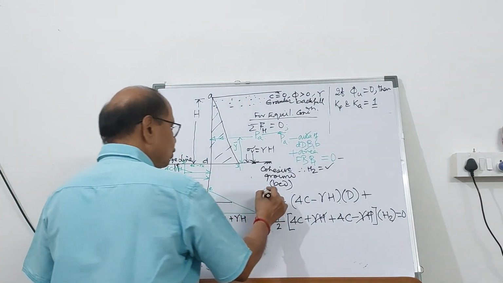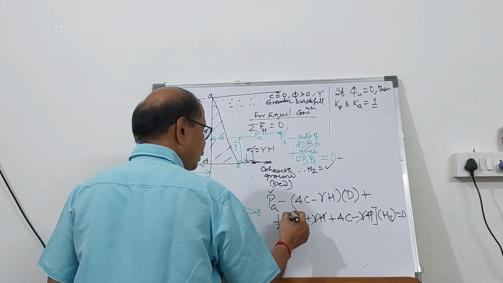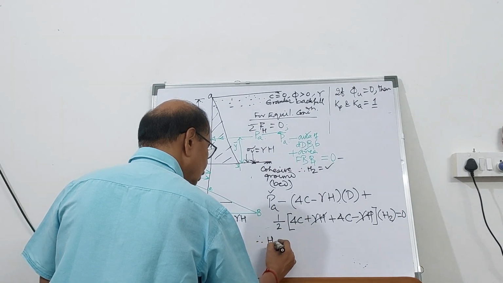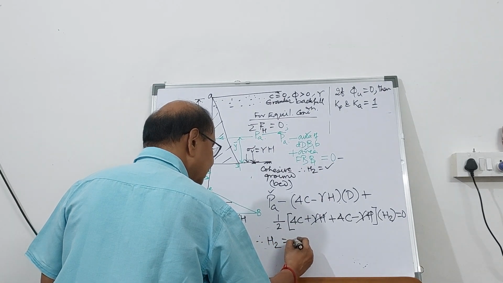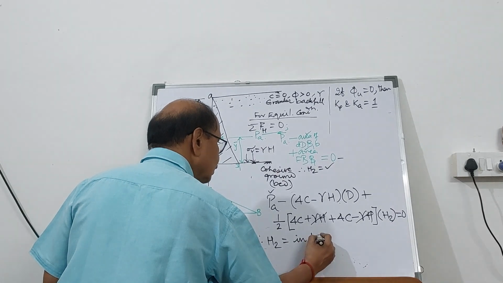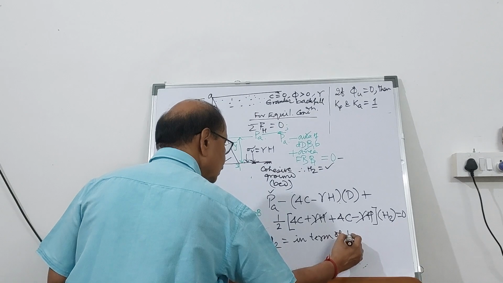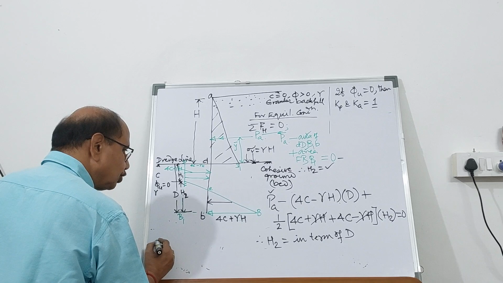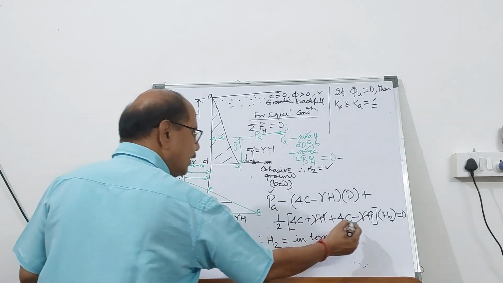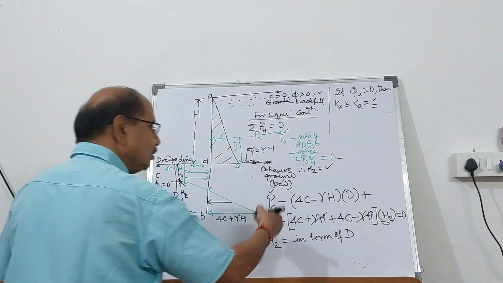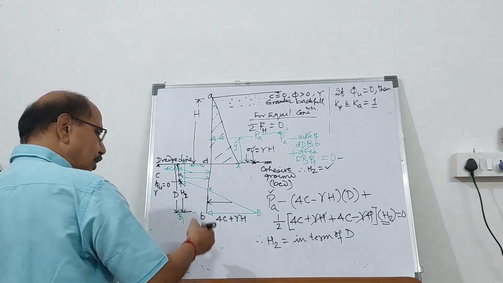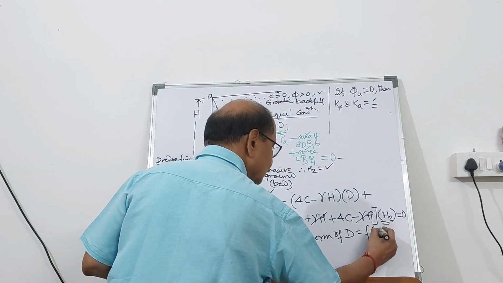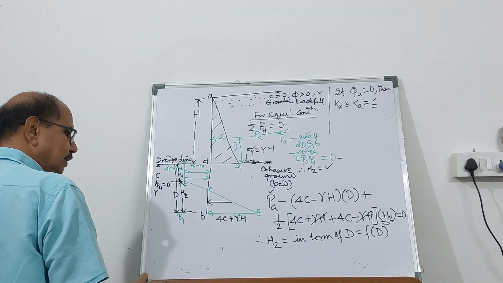And therefore PA is known, and therefore H2 will be in terms of D. So H2 you can easily find out in terms of D. So once you get H2, which is a function of D, in terms of D.